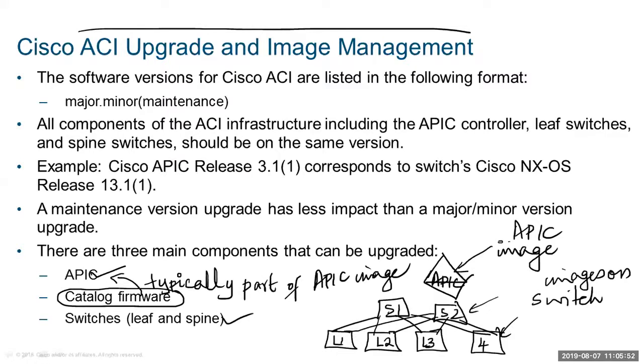It's only during upgrades, which is shorter intervals of time. Your upgrade or maintenance window is when they would even help you, support you, but if you keep it running for longer, they're not going to step in. So ideally, we should have consistent images, the same image on your APIC controllers, same image on your switches, and of course the same images. If you were doing the catalog separately, you've got to make sure that it's the same on the APIC controller.